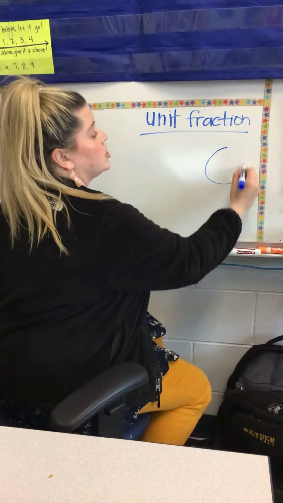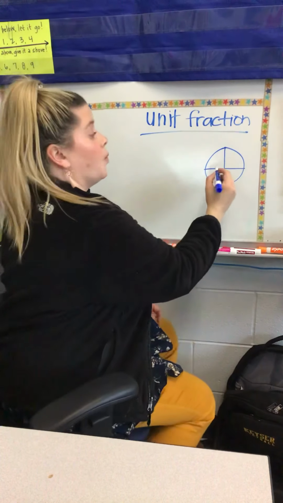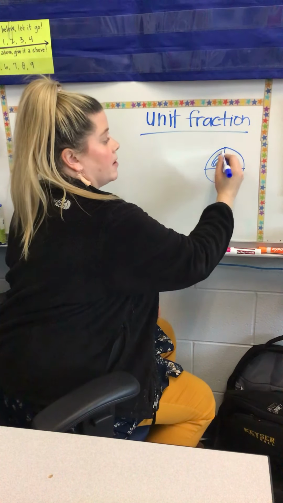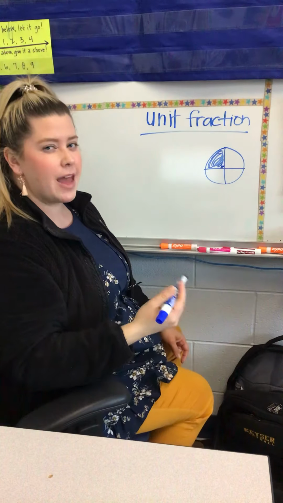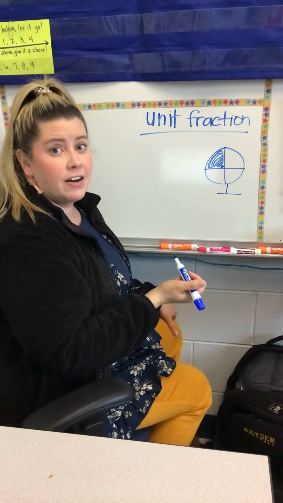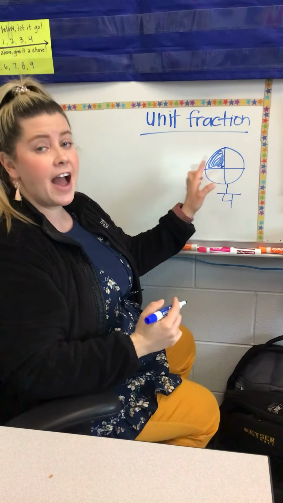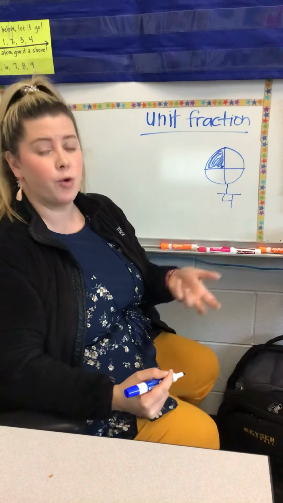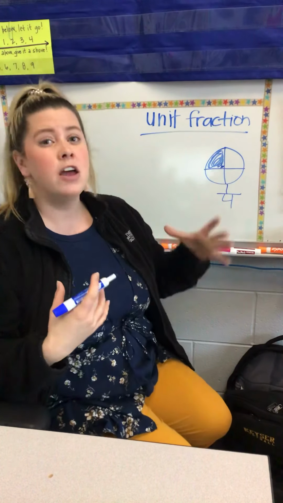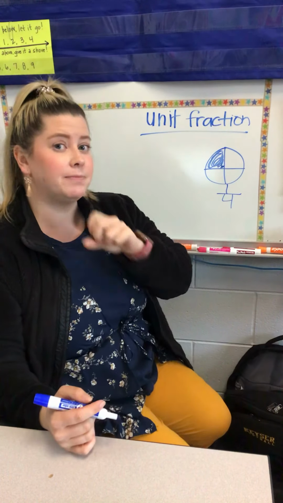So if I had this shape, my unit fraction is 1 piece. What fraction would that be? My numerator is always going to be 1. And my denominator is how many parts do I have? So my unit fraction for this shape is 1/4. Okay, that's all we're doing. No matter what you have, I just want to know what's one part of it.